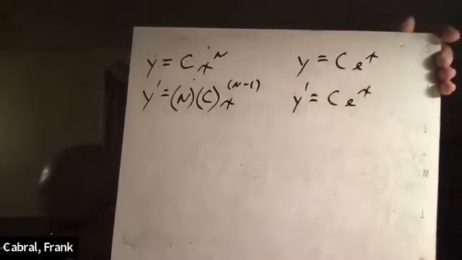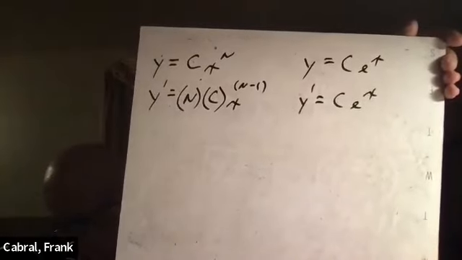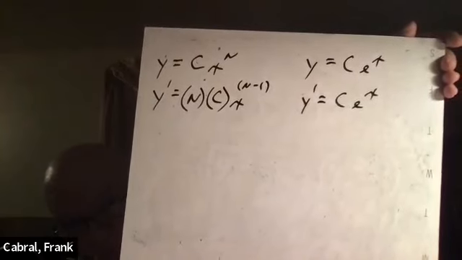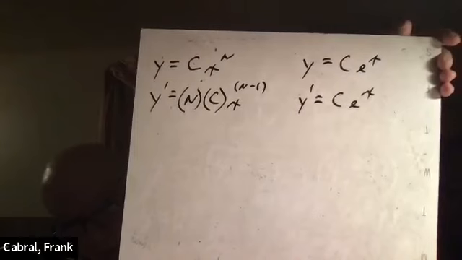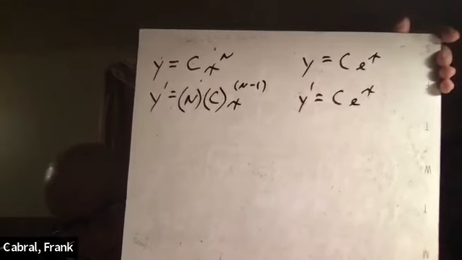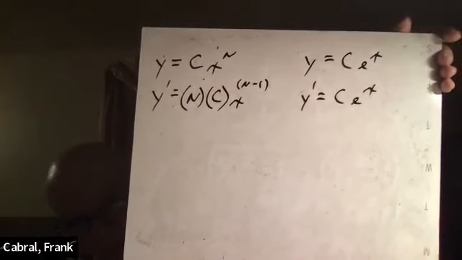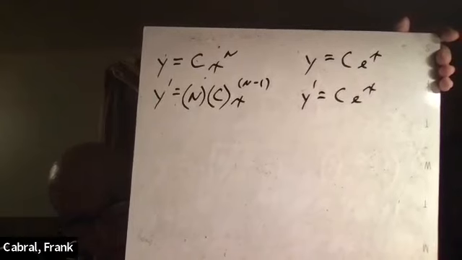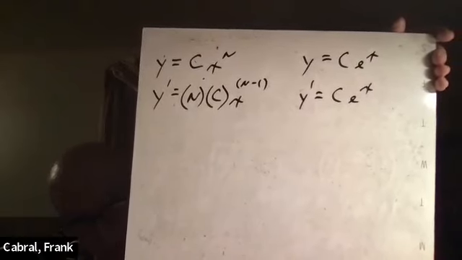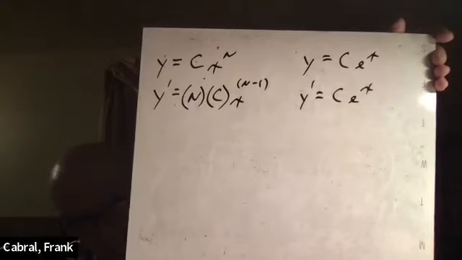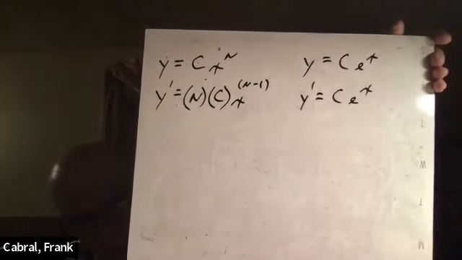So in these two forms, where you have a polynomial expression, cx to the n, or in an exponential where you have y equals c e to the x, where c is a constant, y prime for the power rule is n times c times x to the n minus 1.